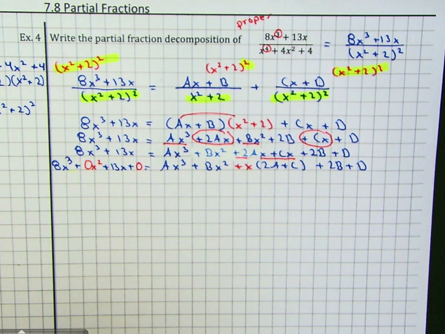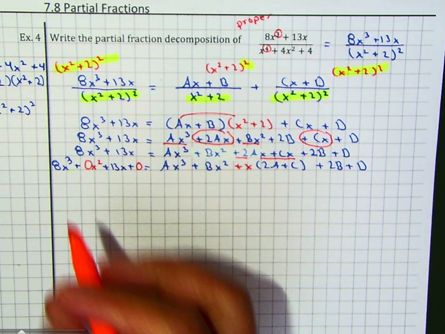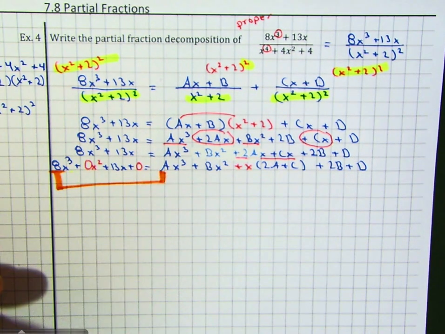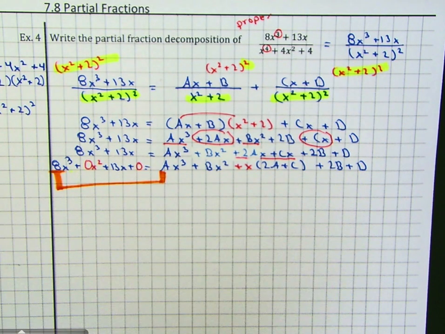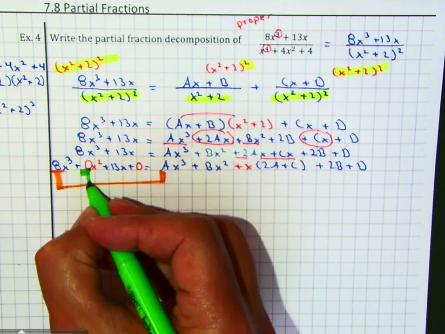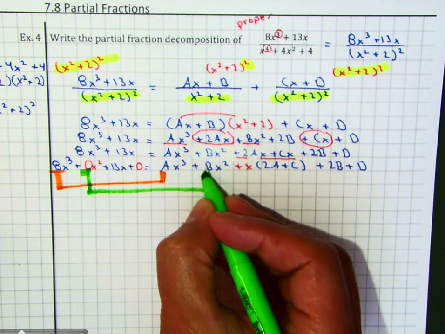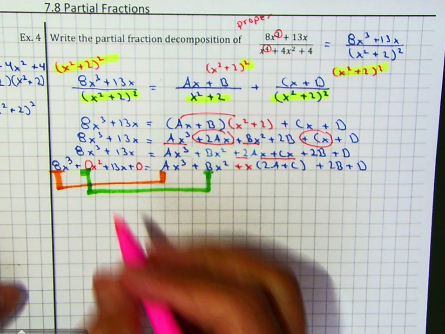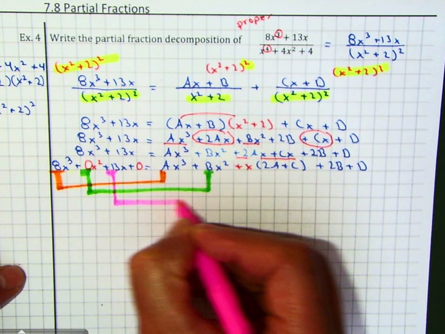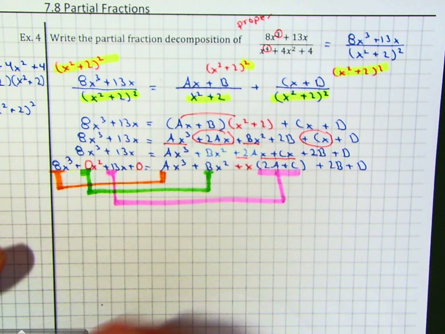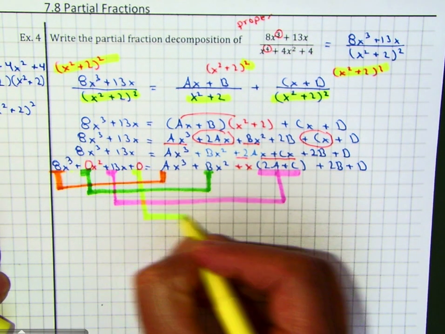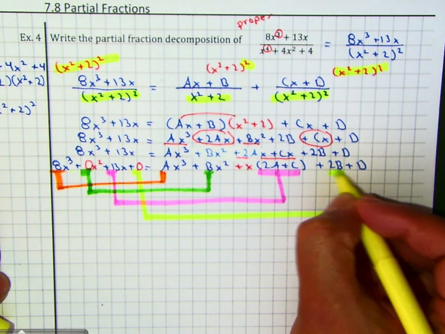And now I have 8 will be equal to a, 0 will be equal to b. We have 13 will be equal to 2a plus c. And last will be 0 equal to d, to this expression here.